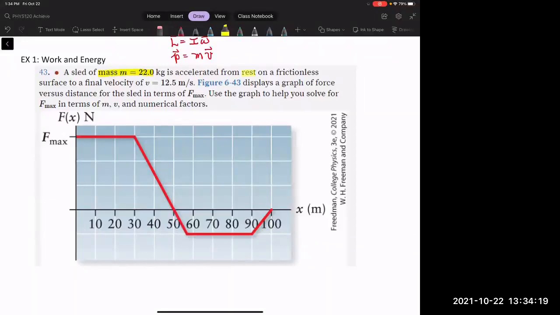It starts from rest and is frictionless, and the final velocity is this much. But they give us a graph of the force. This is also important for the honors section. Force is not a constant.